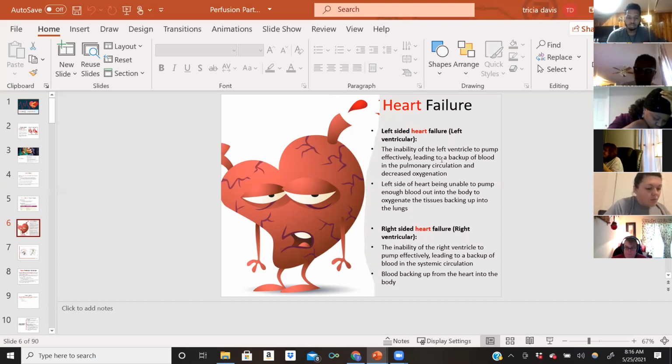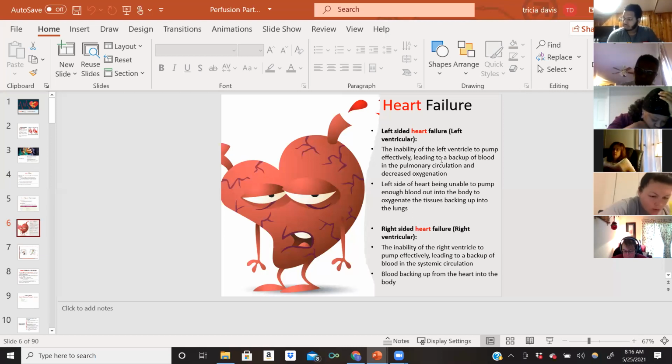We're trying to pump it out, but we're not getting that good squeeze in the heart. It's not squeezing effectively enough to force that blood through, so we're just getting these little ineffective squeezes and it can't get out. It's just backing up and filling up. If it goes into your lungs, you know you're going to have oxygenation issues.